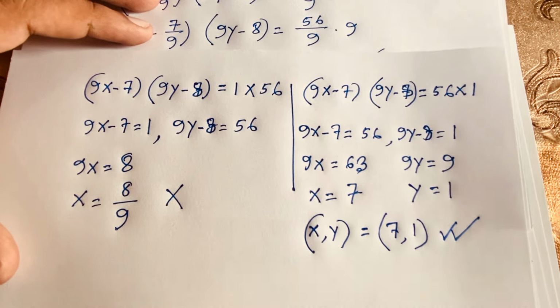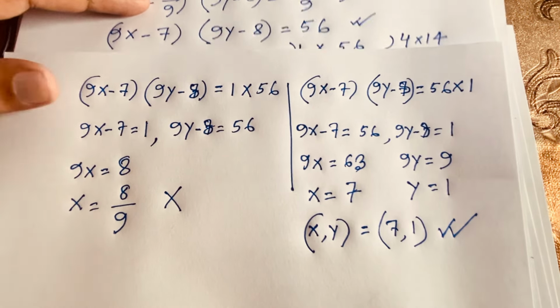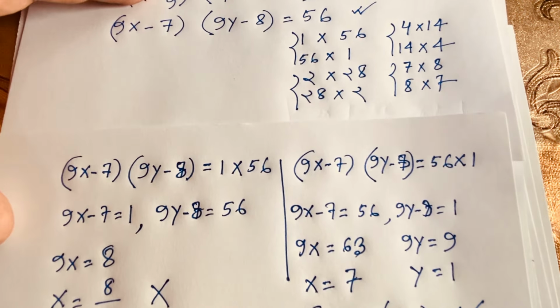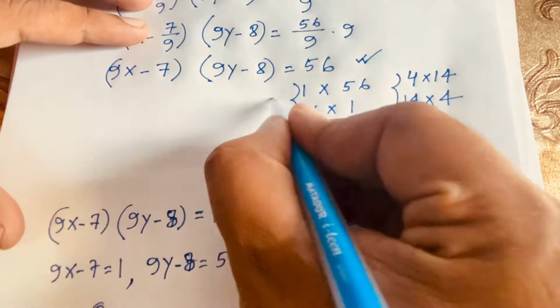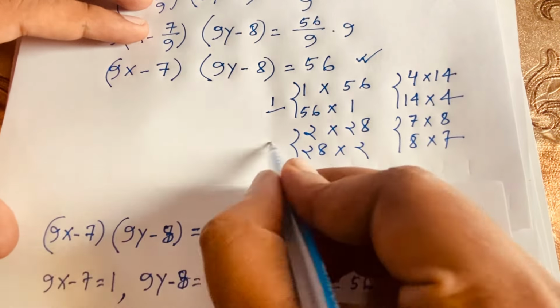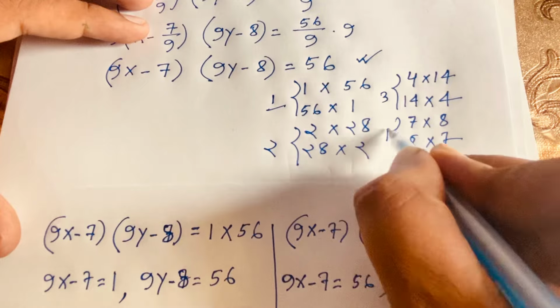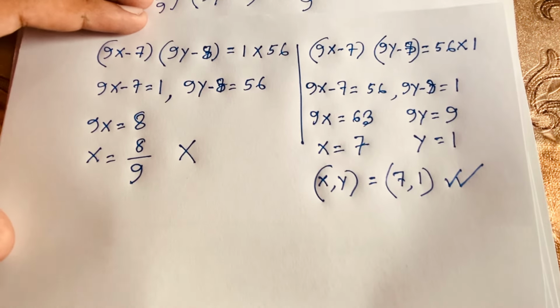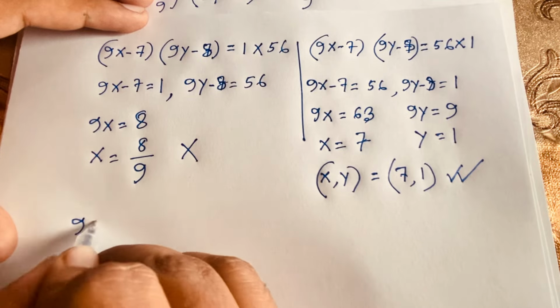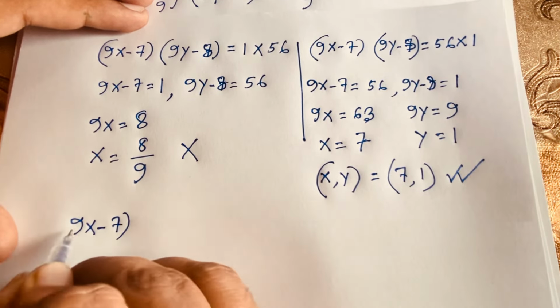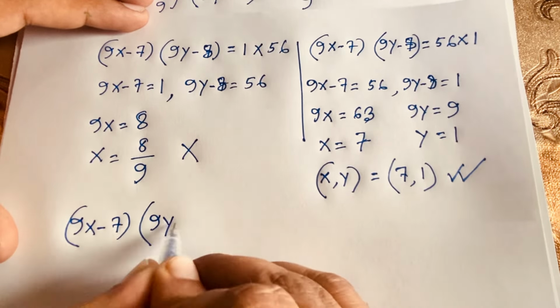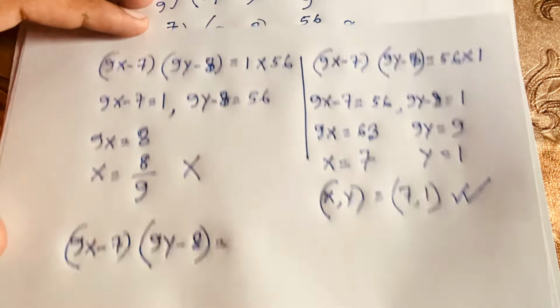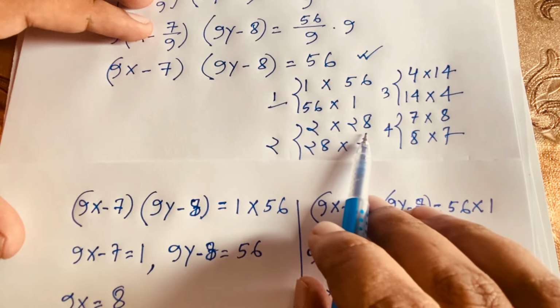This is our answer. But we will find out here are 4 cases. First case, second case, and third and fourth case. Okay, now in the other case we will find out here is 9x minus 7 times 9y minus 8 will be 2 times 28.